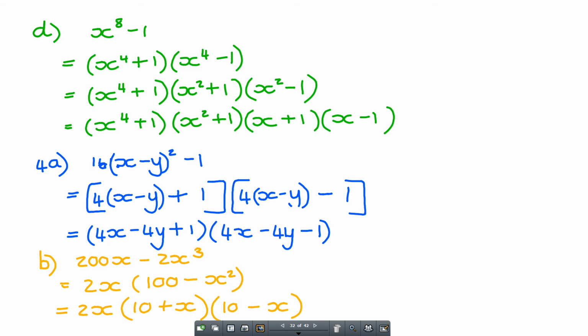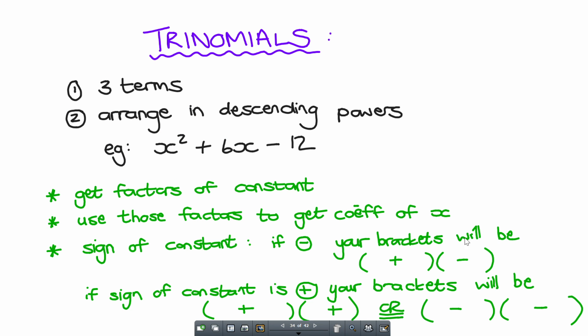Oh, yes? We multiplied it. 4 times 4x. 4 times minus y. Okay. Right, people. So now we're going to start with trinomials. I want you to first copy the following.